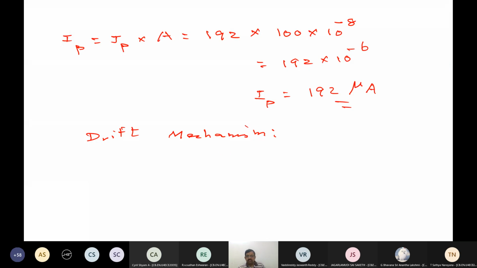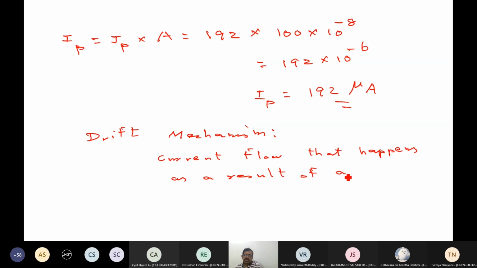So drift mechanism is the current flow that happens as a result of application of external electric field.